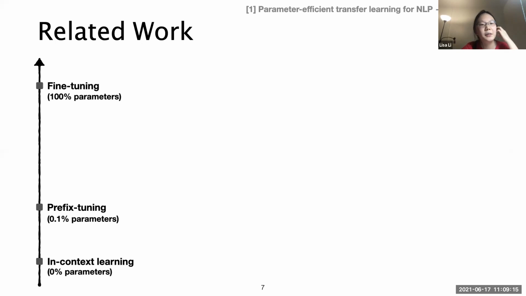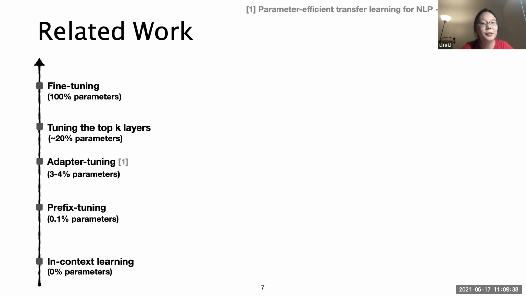So here we include some other related work on the axis. Tuning the top K layers is a common practice for large fine-tuned models, and normally K equals 1 or 2, and it takes around 20% of total language model parameters. It's 20% because you always also tune the language model head, which is a lot of parameters. And also there is adapter tuning.